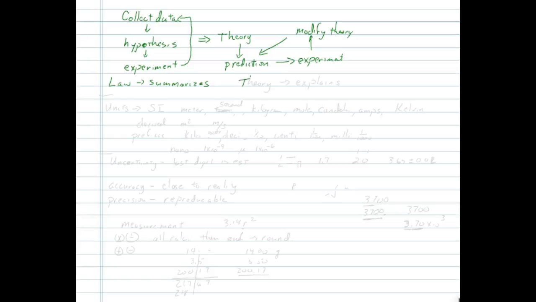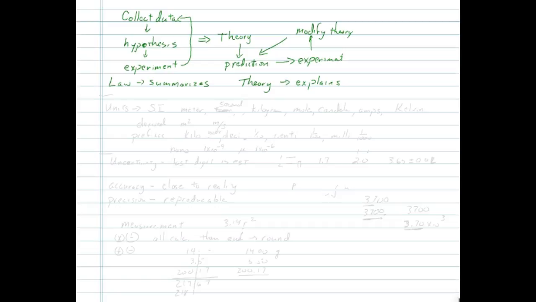The theory has an explanation on top of that. So it will summarize, and it will also explain. The mass will fall towards the center of another mass, such as the Earth, because there's a mutual force of attraction between the two. So that's the difference between those.